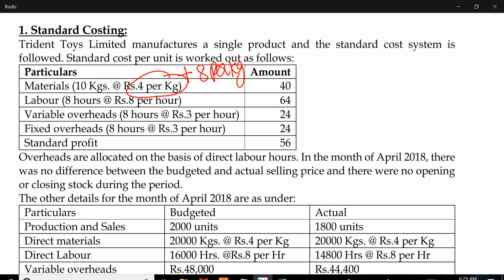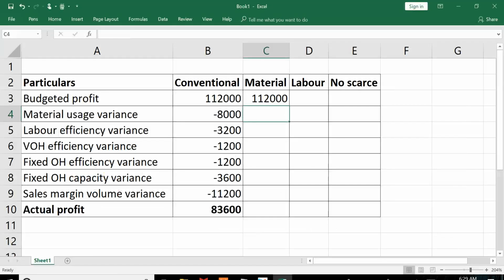When it's a limiting factor, you cannot waste it. If you waste it, you don't only lose 4 rupees, you also lose another 8 rupees. 8 rupees is your opportunity cost, because in the market demand is there, but you are not able to sell it because you became inefficient in the usage part. So, this 2000 kg into 4 plus 8.